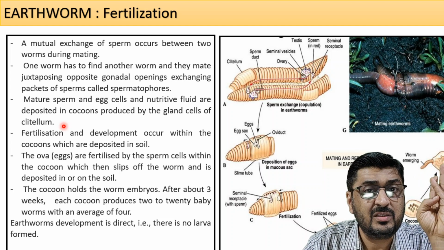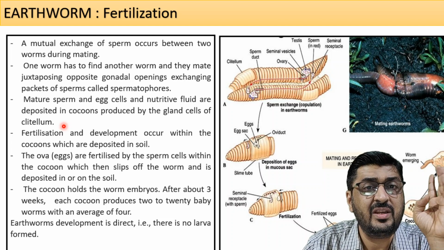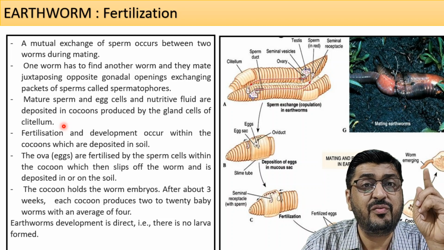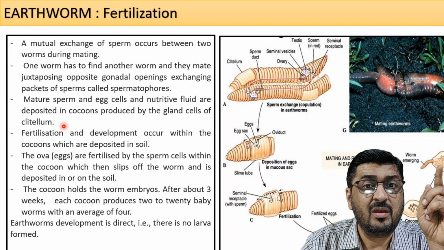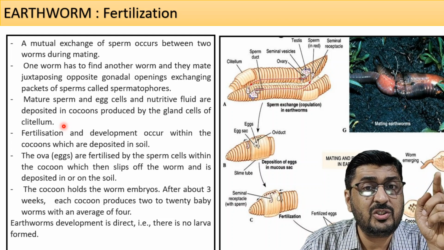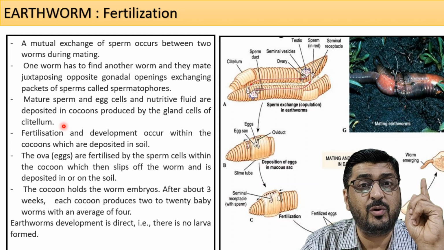Where are the spermatheca? Spermatheca: 5, 6, 7, 8 intersegmental groove or 6, 7, 8, 9. Okay. Clitellum 14, 15, 16. Where are the male and female apertures? Male aperture pair 18th, female aperture mid-ventral 14th.